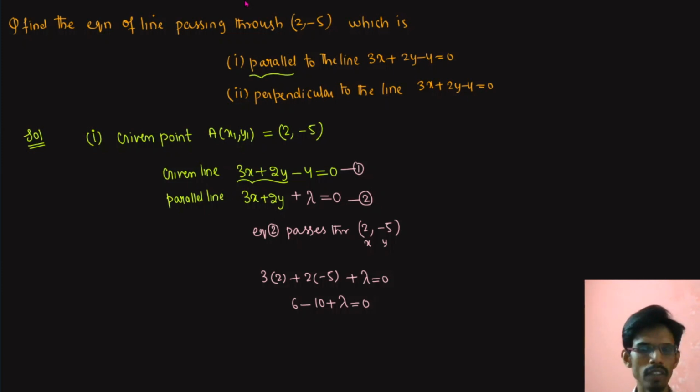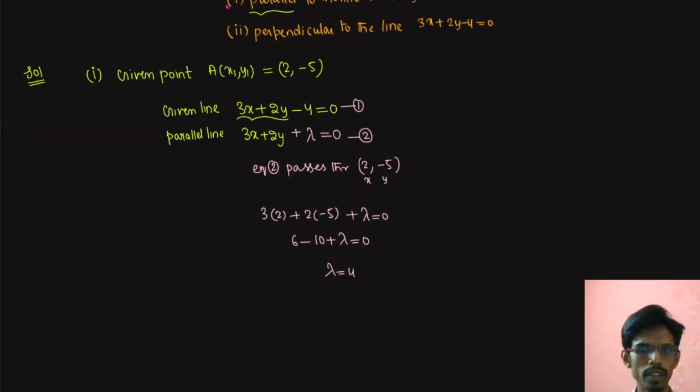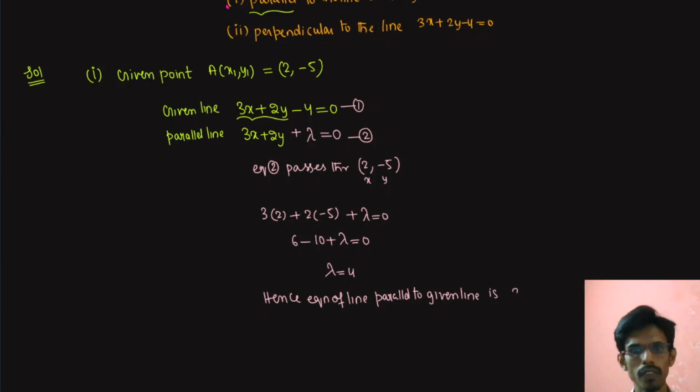Now 6 minus 10 will be minus 4, lambda will be 4. Hence the equation of the line parallel to the given line is 3x plus 2y plus 4 equals 0.